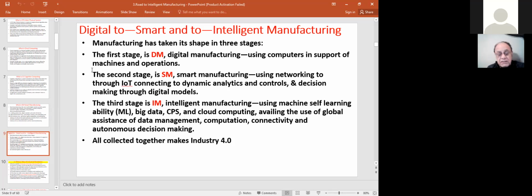The third stage, after smart manufacturing, is IM, intelligent manufacturing. Intelligent manufacturing has an additional ability: machine self-learning.